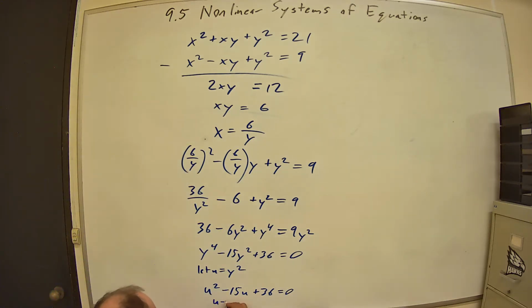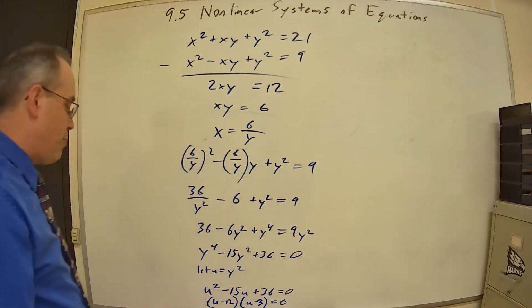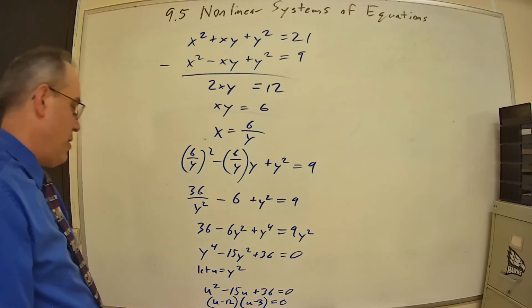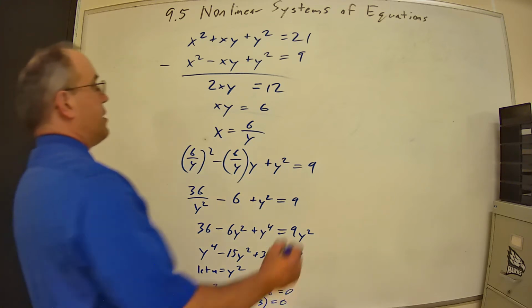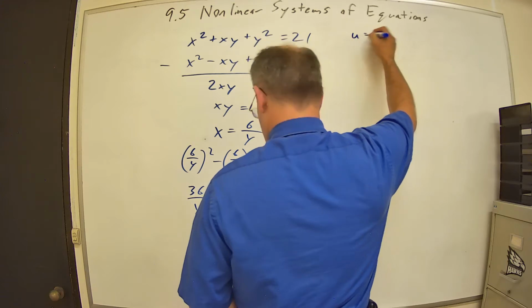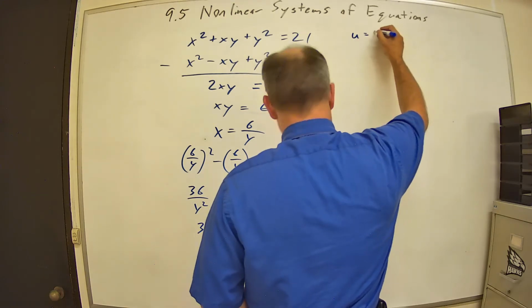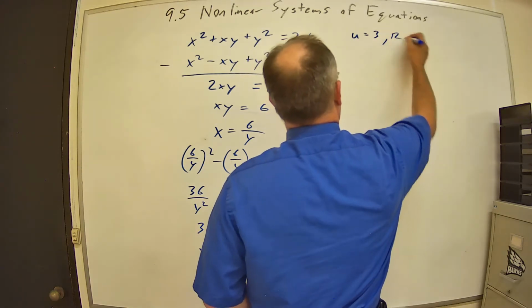So (u minus 12)(u minus 3) is equal to 0. You can just barely see that on the screen. So therefore, I can say that u is equal to 3 and 12.